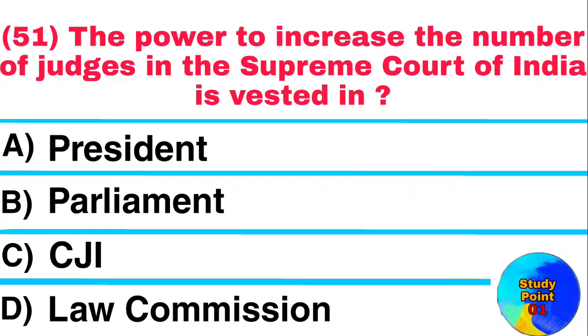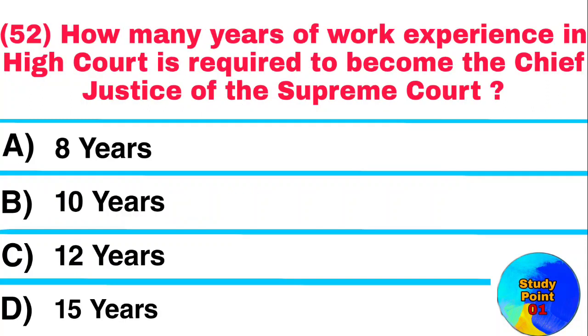C. CJI. D. Law Commission. Answer. Parliament. Question. How many years of work experience in High Court is required to become the Chief Justice of the Supreme Court? A. 8 years. B. 10 years. C. 12 years. D. 15 years. Answer. 10 years.